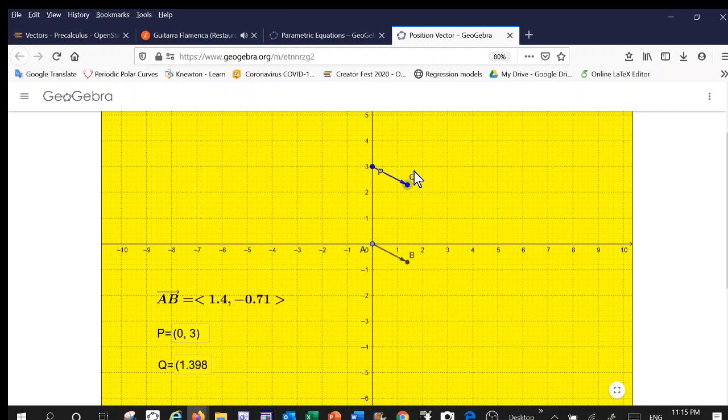So we can take any vector anywhere, and it doesn't matter where it is. Any vector has a standard position representation using this formula, ⟨x2 minus x1, y2 minus y1⟩. But remember, we use these little angle brackets instead of parentheses to represent a vector.